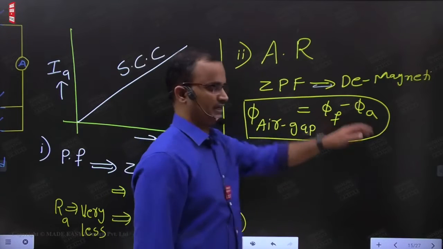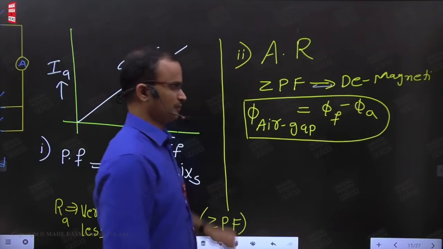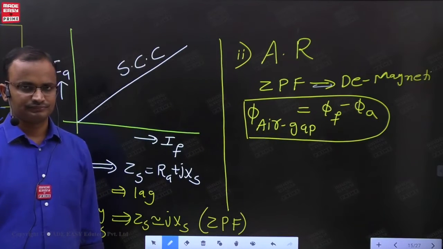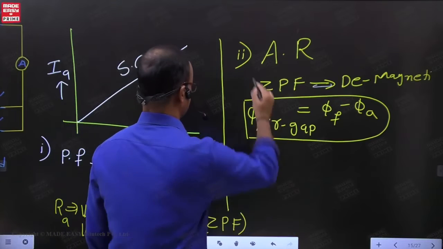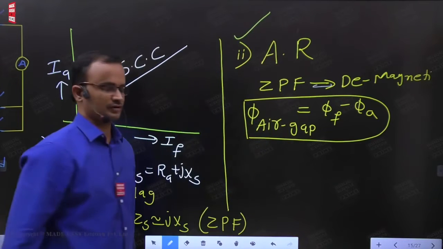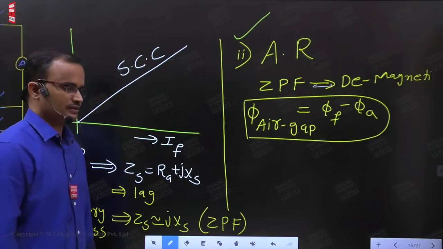Because we are using the word demagnetization, demagnetization means opposing. This armature flux opposes the field flux. So this is the second point: the nature of armature reaction in the short circuit test is demagnetization.